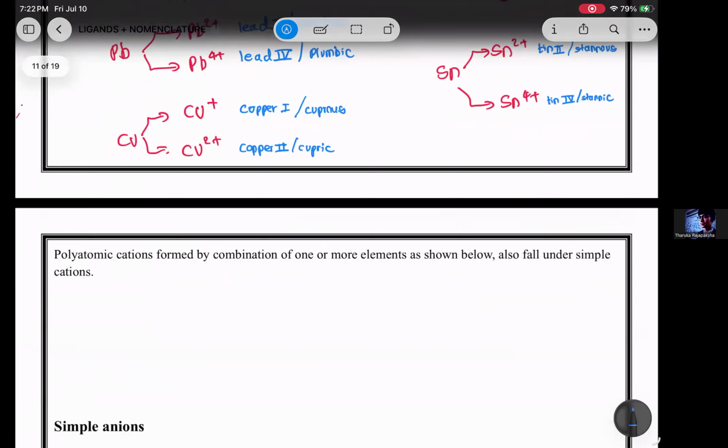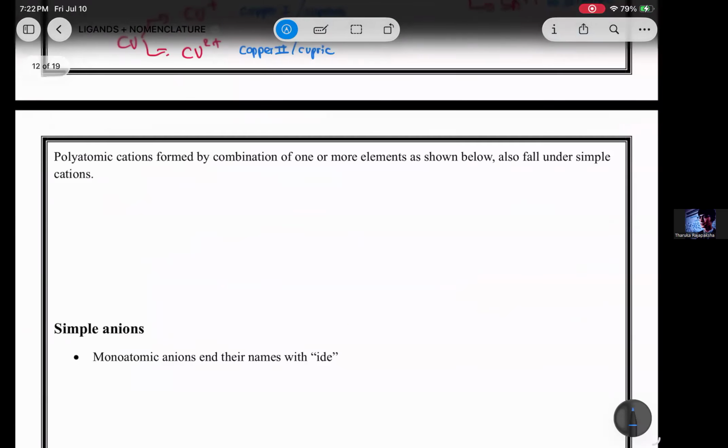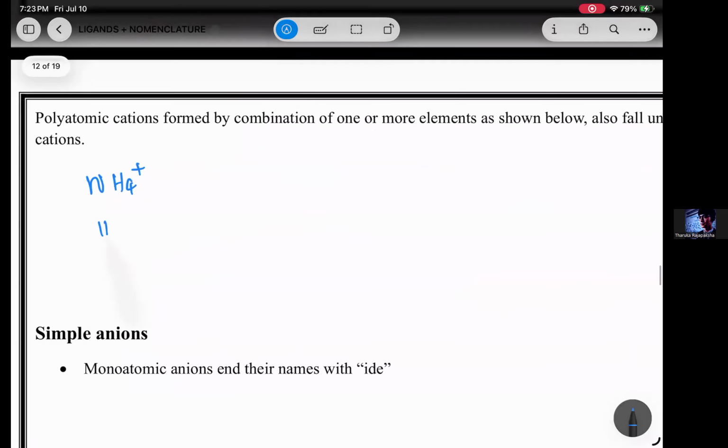Okay. Polyatomic cations formed by a combination of one or more elements as shown below also fall under simple cations. For example, NH4 plus, H3O plus, CH3NH3 plus, then CH3CH2NH3 plus, and you can go on like that. So NH4 plus is ammonium. Ammonium sulfate, you have heard that, right?